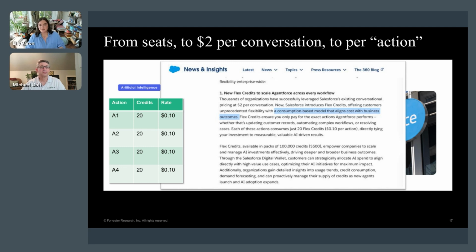You can see to illustrate it, each action, like updating a customer record, as they use examples here, executing a workflow, resolving a case, all of those actions are assigned a credit value, and that value is decremented from a prepaid pack of credits that you have bought from Salesforce.